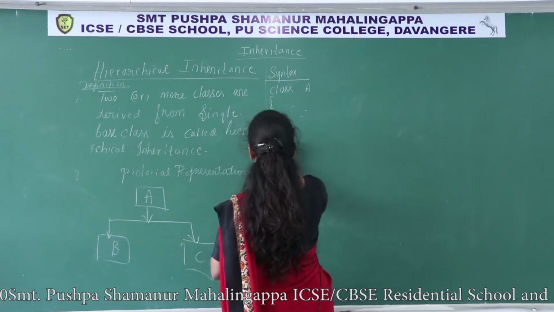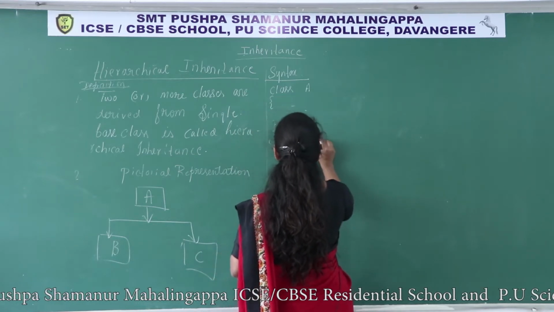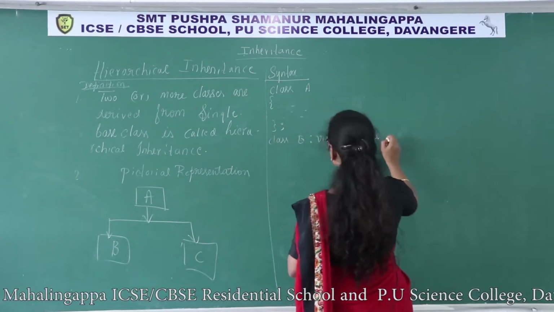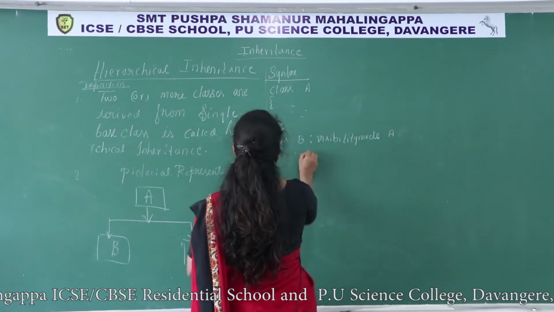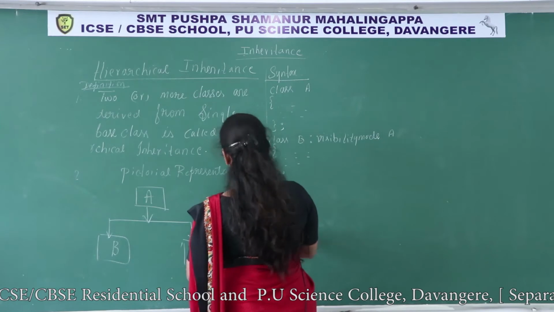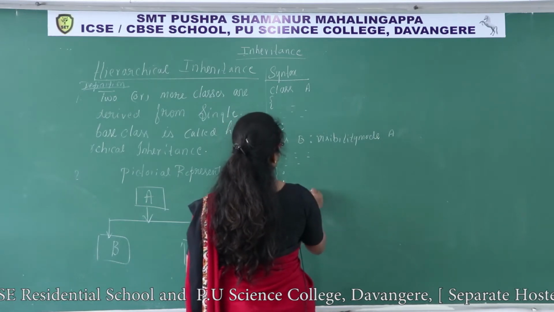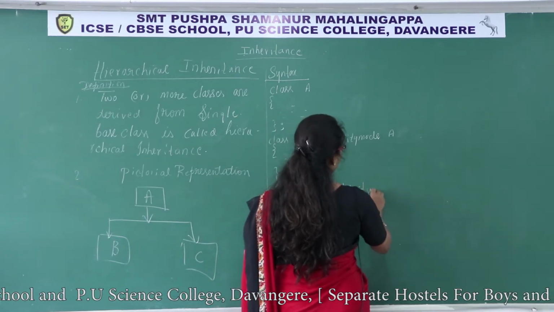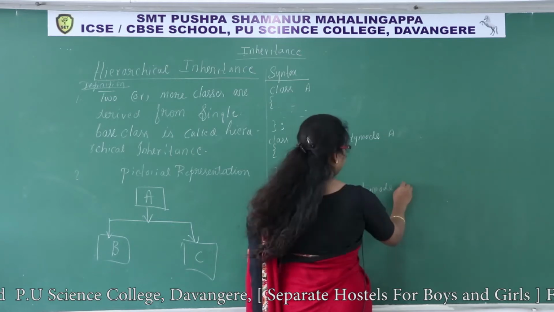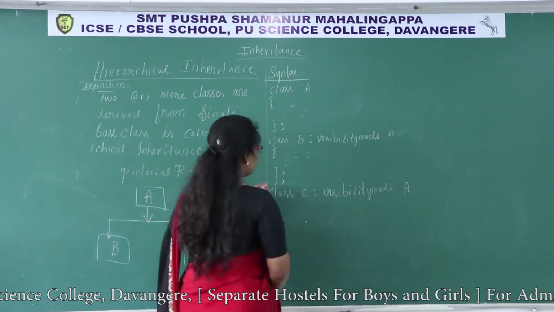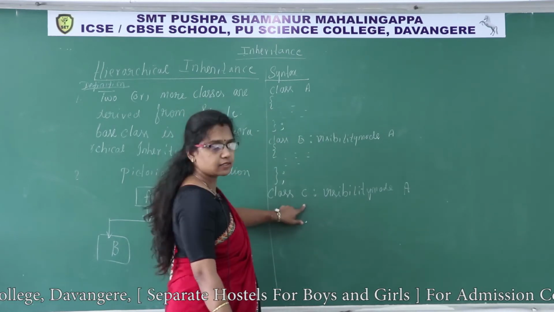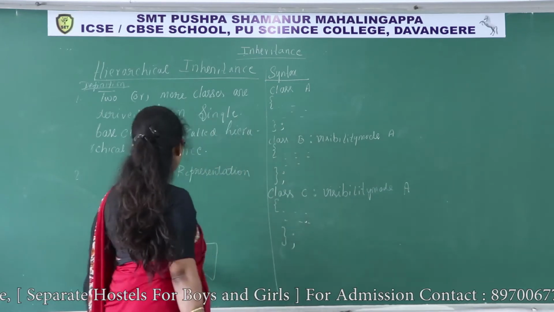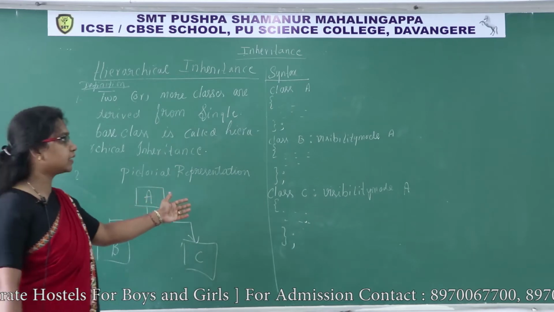Class B, colon, visibility mode, A. Then class C, colon, visibility mode, A, because B is inherited from A and class C is also inherited from A. Okay, this is the syntax of hierarchical inheritance.